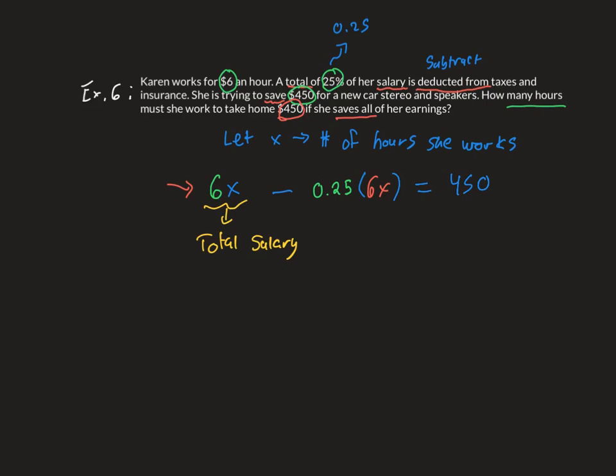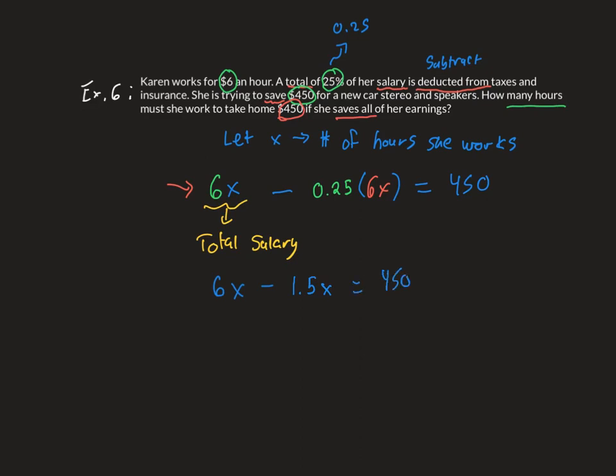All right, so we made our equation. Now let's solve this. So we got 6x minus 0.25 times 6x, so obviously you want to get rid of the brackets first. So 0.25 times 6x. So you have 0.25 times 6. It's 1.5x is equal to 450.